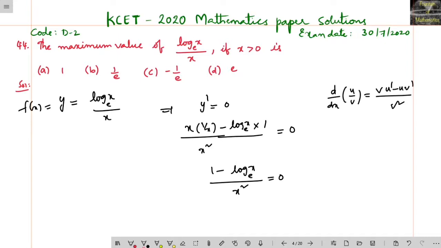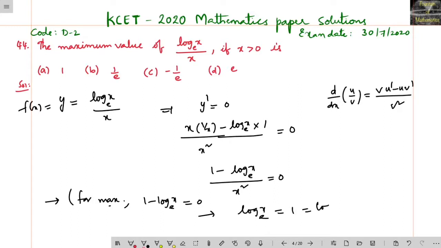So when you will get this 0, dy by dx will be equal to 0 when, means for maximum, this is a purpose for maximum you are taking, 1 minus log x to the base c must be equal to 0 for maximum purpose. So that is log x to the base c must be equal to 1.